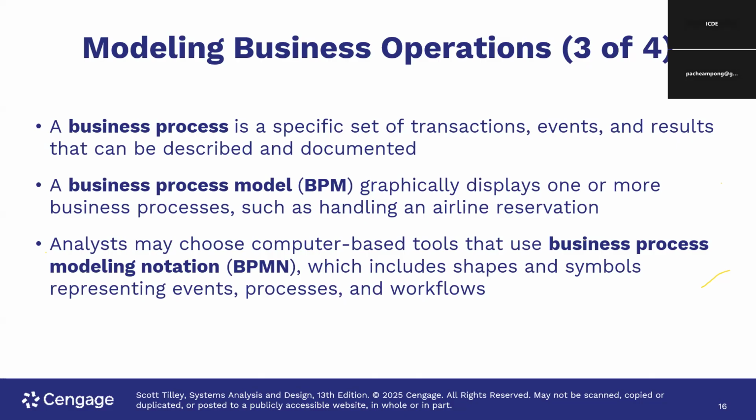A business process, on the other hand, is a specific set of transactions, events, and results that can be described and documented. So in case I go and buy something at ShopRite right now, say 50 cartons of milk, and I give the cashier like 2,000 cedis for that.